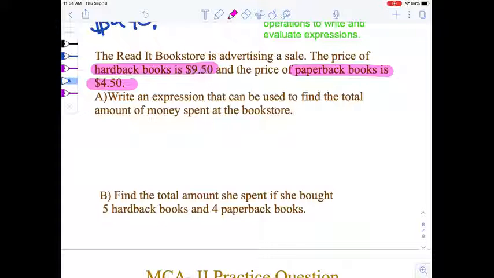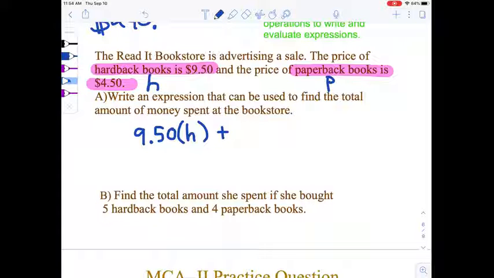So it says write an expression that can be used to find the total amount of money that's spent at the bookstore. So we're going to use H for hardcover and P for paperback. So it's $9.50 for one hardcover, but I don't know how many hardcovers I'm going to buy. So I'm going to have to multiply $9.50 by however many hardcover books I buy.